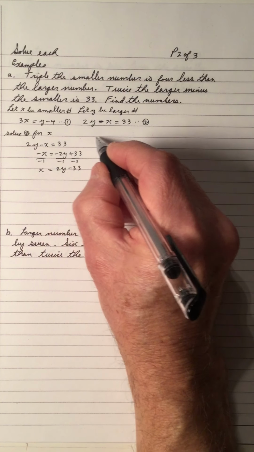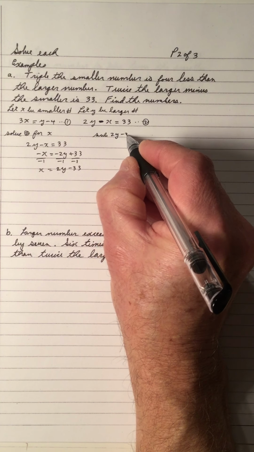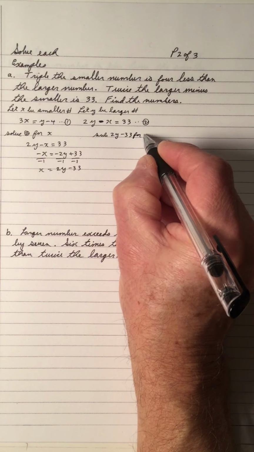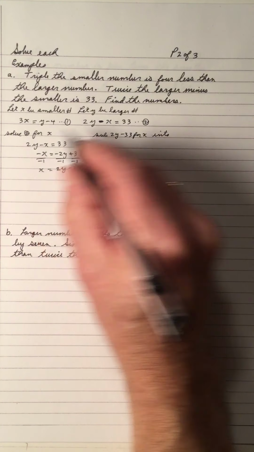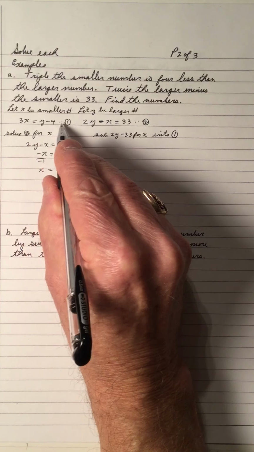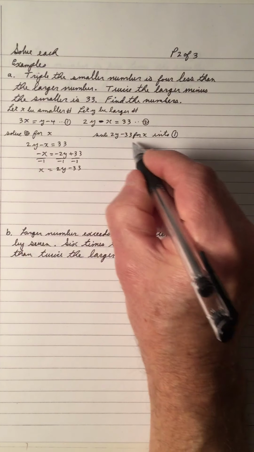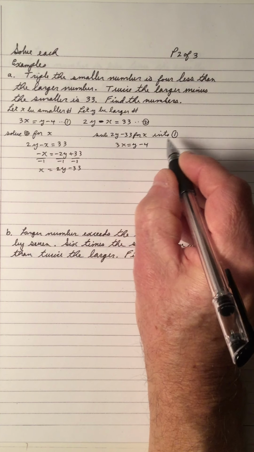Now I'm doing the substitution, and I solved number 2, so I have to sub this into number 1. So we write down the number 1 equation, which is 3x equals y minus 4.